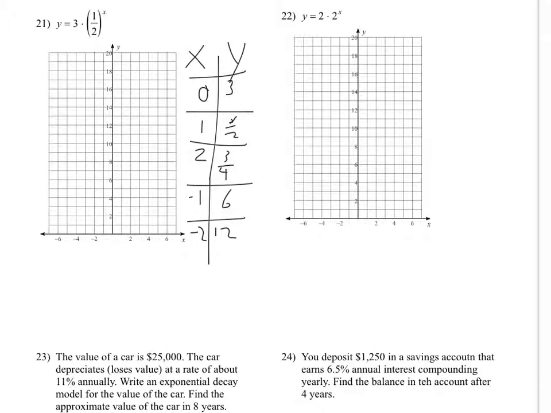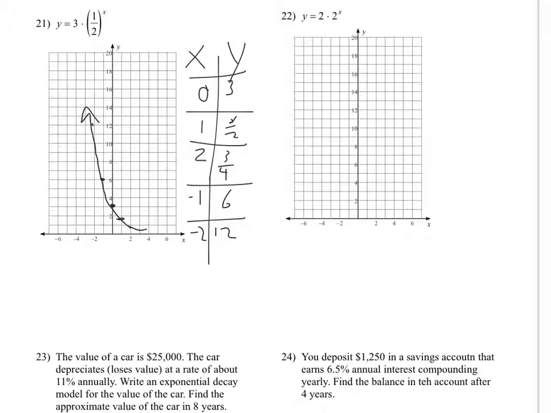And so if I go 0, 3, and 1, 3/2, which is 1.5, and then I get 3/4, and so you can kind of see we're dribbling, which is the opposite of before again. Then if I plug in a -1, I get a 6, and if I plug in a -2, I get a 12. So here is my graph.